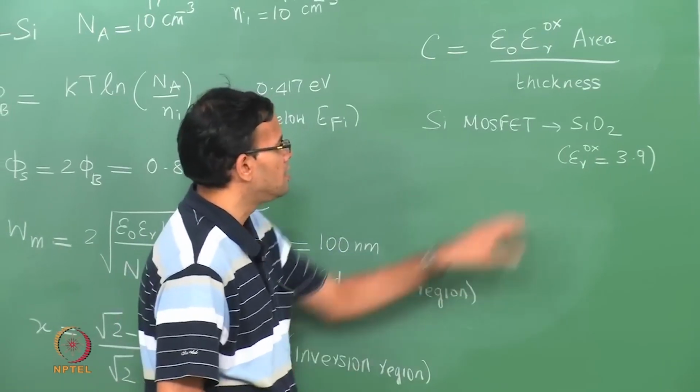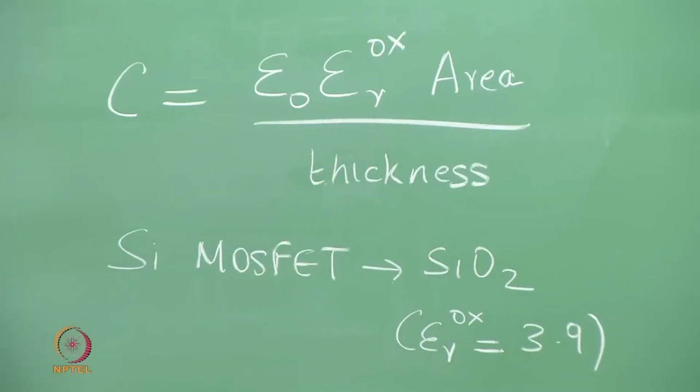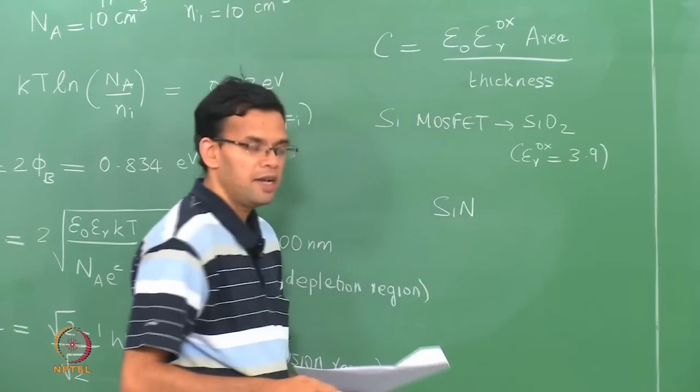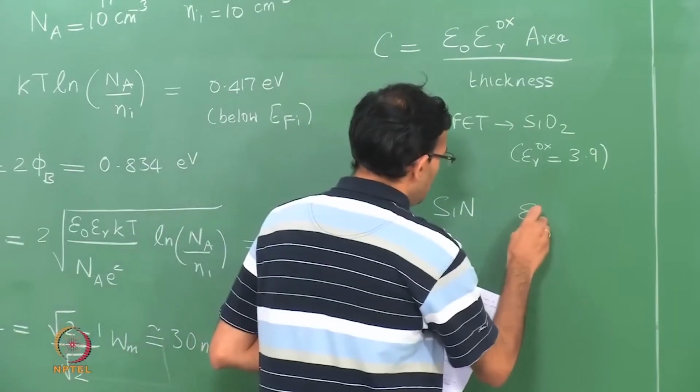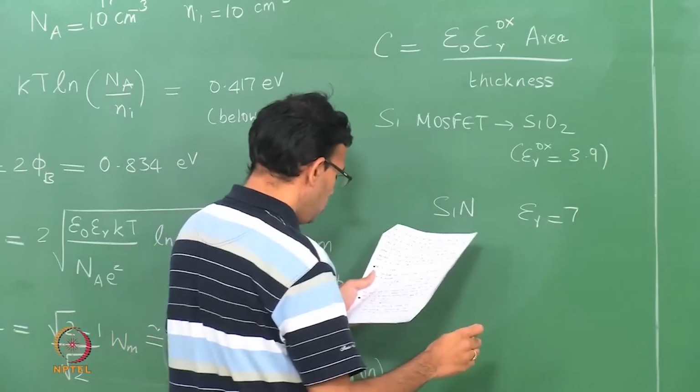So we replace the silicon dioxide with other materials with a higher epsilon naught R. Some of the other materials that are used are silicon nitride with a relative permittivity of 7, but metal oxides are also used.